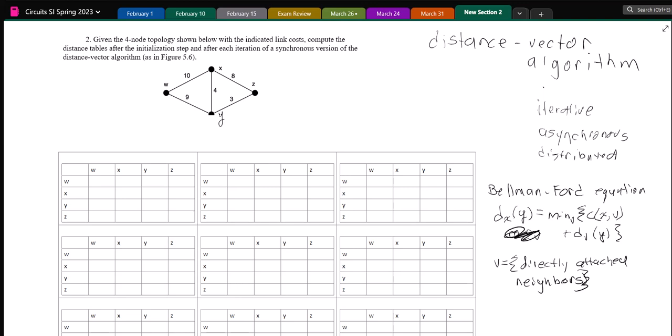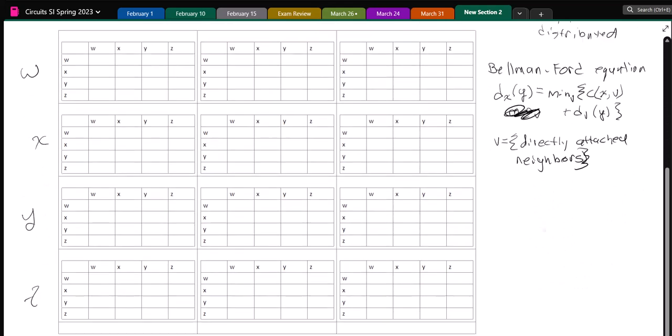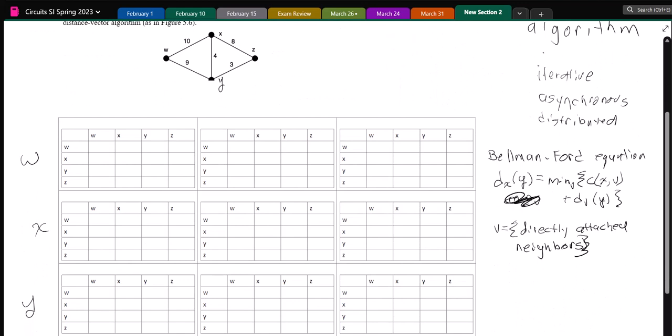All right, so this is the problem from last year that he put in the old homework section. So we have 4 nodes, W, X, Y, Z, and our first step is easy. You just take, for a given node, I'll just do them in alphabetical order, so this will be W, and then X, and then Y, and then Z. For the first step, all you know about are your directly attached neighbors.